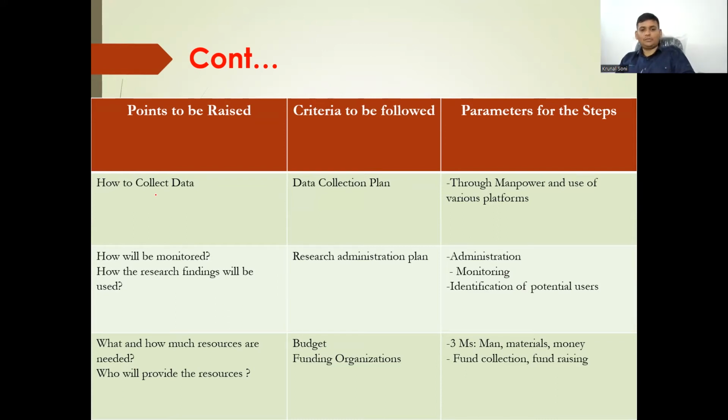So what and how many resources are needed, and who will provide the resources, right? If we are in social science, we don't have all the projects which require funding. But if we are going for any science project, or those from the science or medical field are going for research, let's suppose, right now we have faced the pandemic of COVID-19. It was a challenge for medical science to design or develop a vaccine to beat COVID-19.